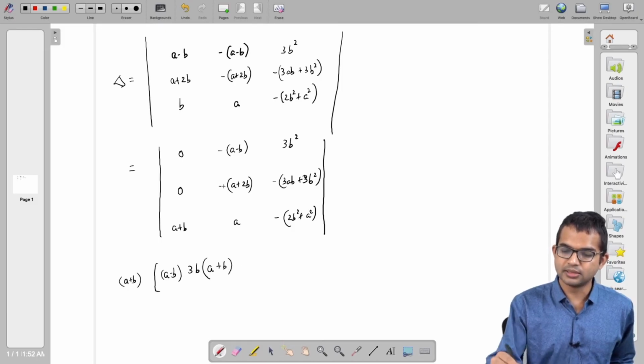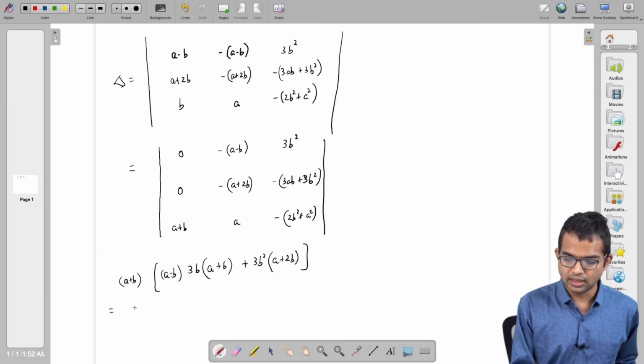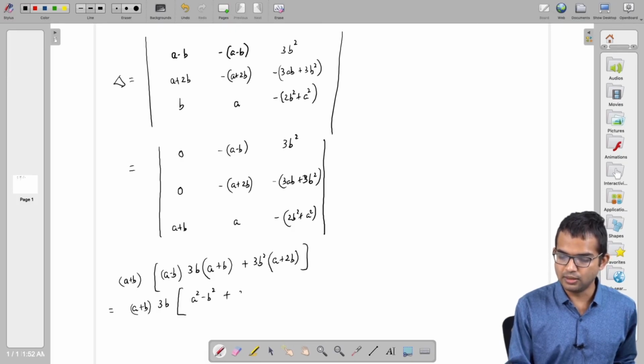Then there's a minus sign, so that becomes plus 3b squared times a plus 2b, which is a plus b times 3b times a squared minus b squared plus ab plus 2b squared.